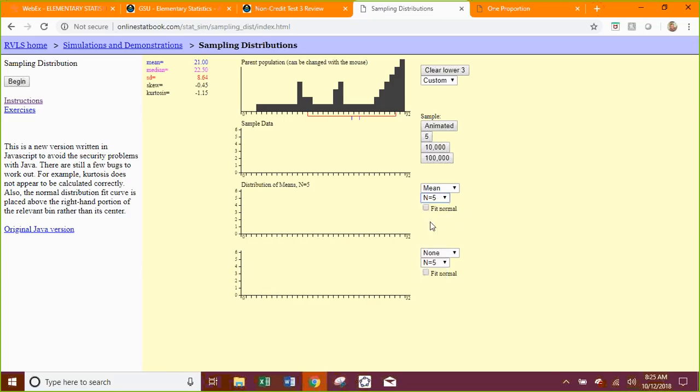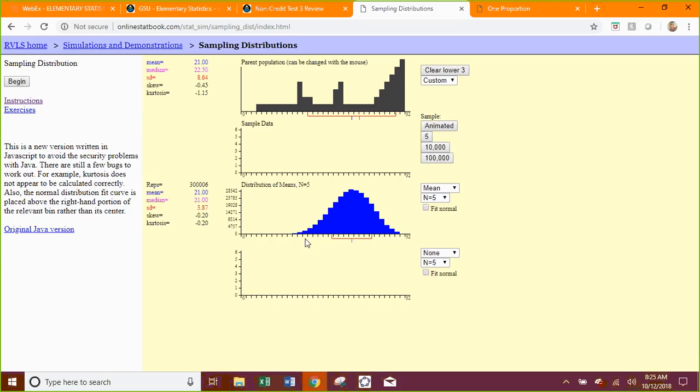So remember, we take 5 observations from the population and plot them, and we're just going to do that a few times. You'll notice this looks symmetric. It looks approximately normal, but once again, we're still skewed a little bit here. So our probability calculations using the normal distribution are going to be slightly off from what we need them to be.